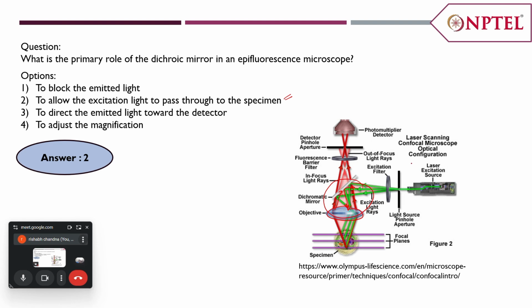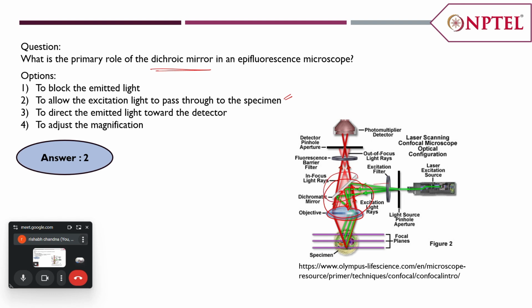Now coming back to the different components, including the dichroic mirror that we are talking about in this particular question. As you can see, the excitation laser that we have here has a filter that allows only a specific wavelength of light as an excitation light to fall upon the specimen. And here, as you can see, the incident light and the emitted light follow the same path.